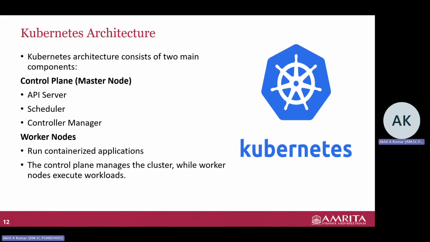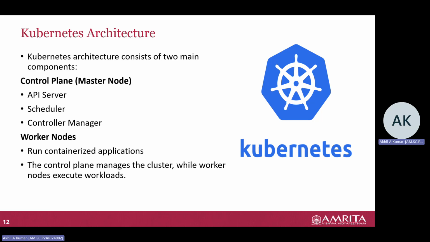The third feature is load balancing. The traffic is automatically distributed across multiple containers to ensure smooth performance. So if one container has too much traffic, it will pass the request to some other containers.